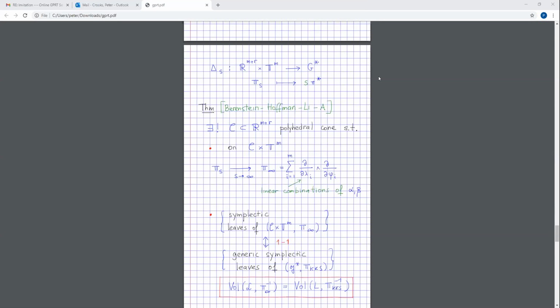It's also a combination of many things, but I'm formulating it in the following way. There is a unique polyhedral cone inside this R to the power M plus R with the following two properties. First of all, on this cone, this pi s has a limit when you send s to infinity.